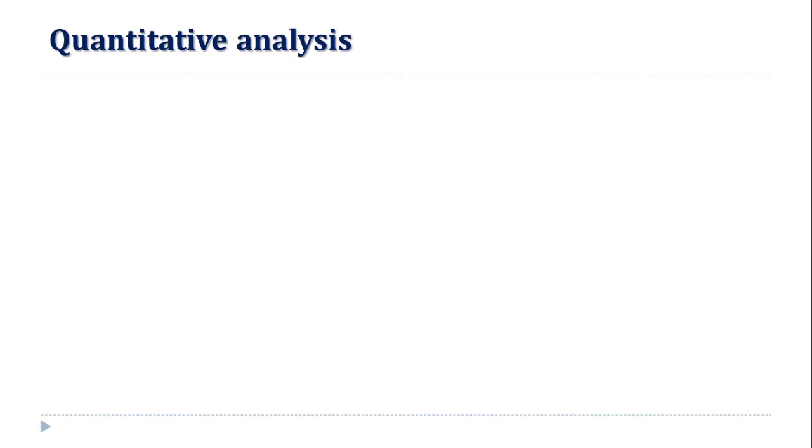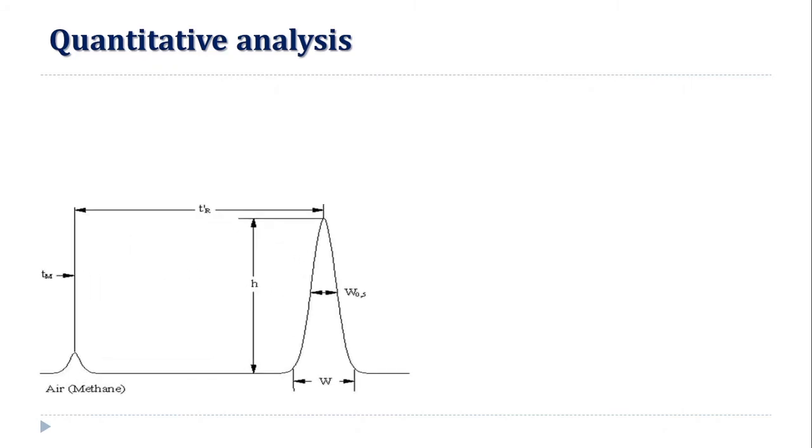Now we'll see how quantitative analysis is done using a chromatogram. Suppose this is one of the chromatograms. This is the sample injection point, and this peak indicates where the sample is injected. Then this is the time.